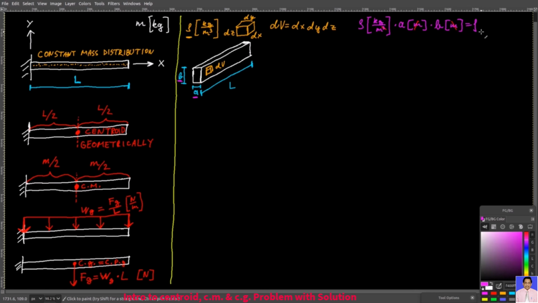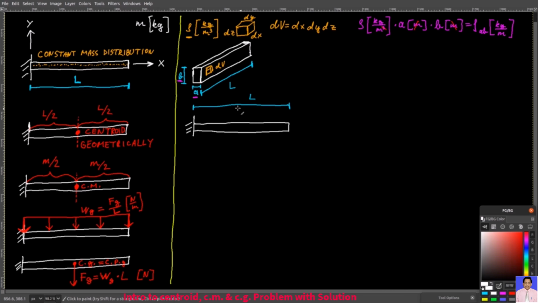Let's call it ρ sub AB, and this is kilograms over meter. That way I will get the beam's mass distribution per unit length. I can do it because my density is constant along the A and B dimensions.